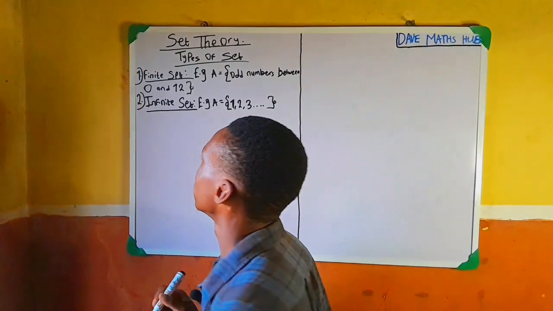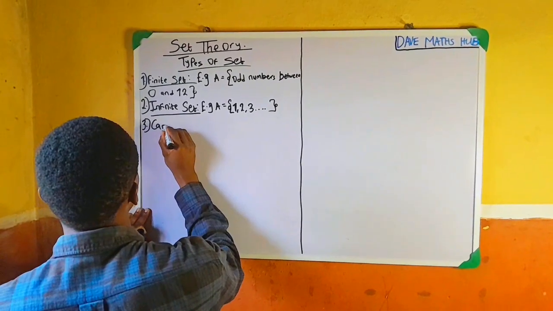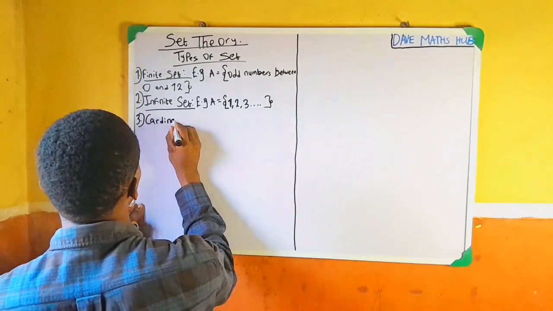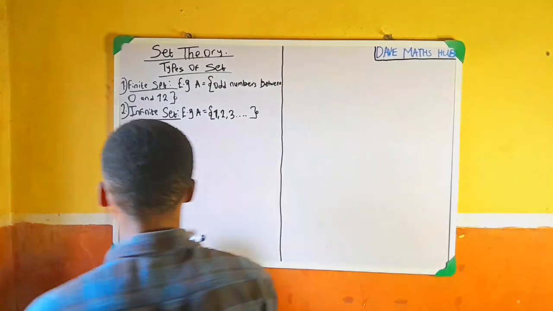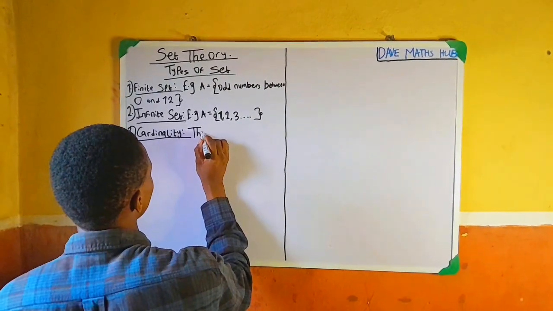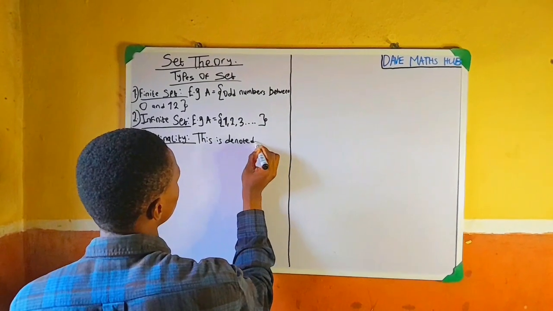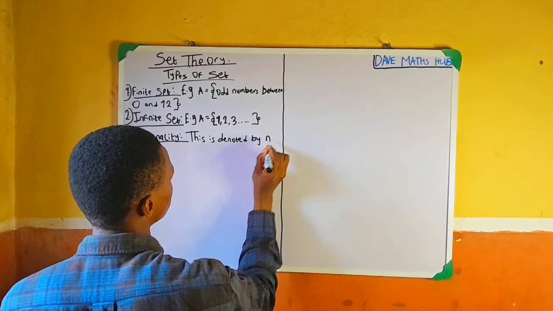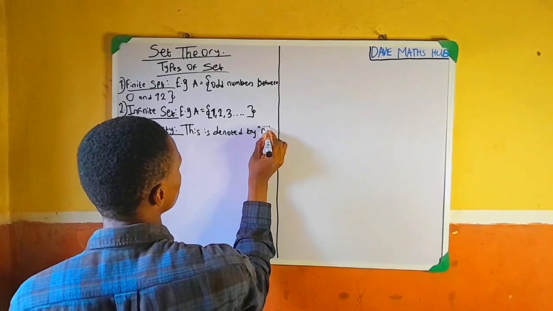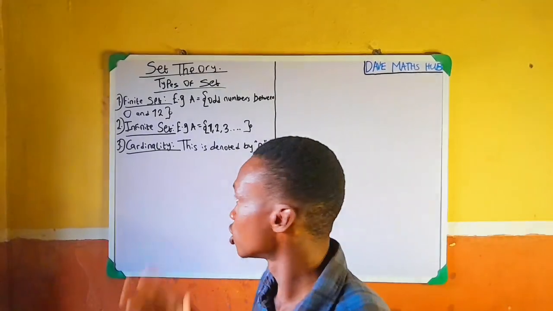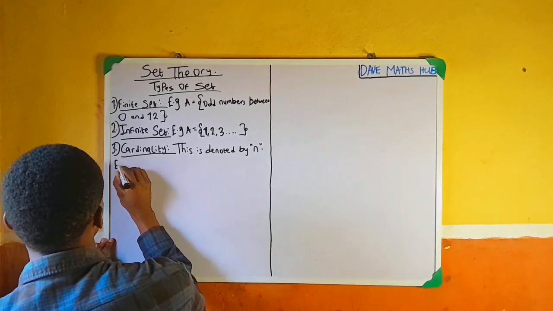So number three, we have cardinality. Now, this is denoted by n. Now, this states the number of elements in a set, in a given finite set.